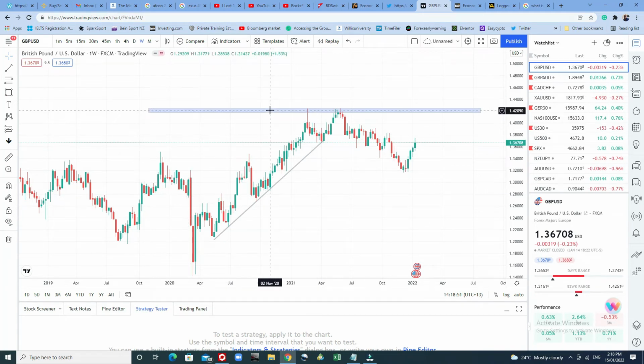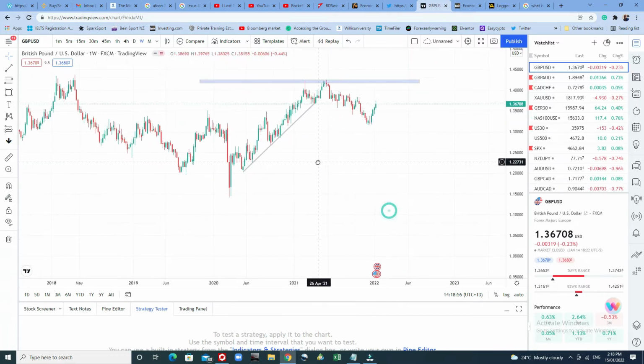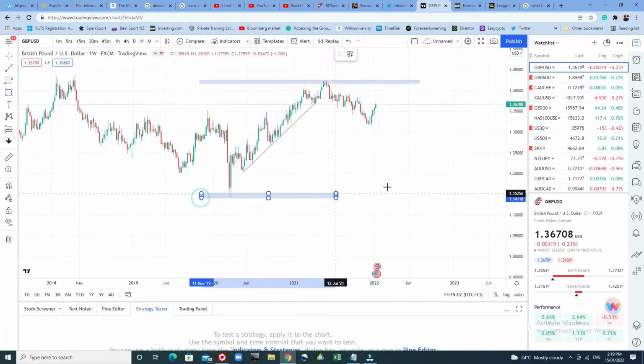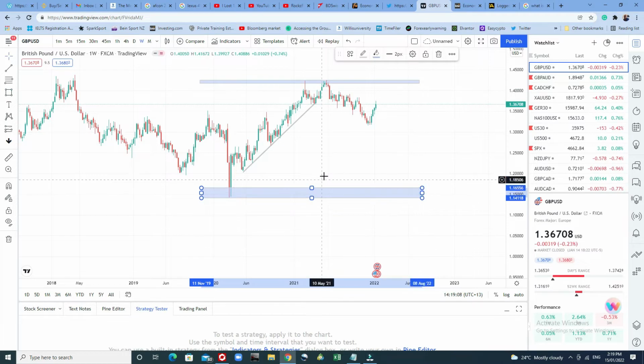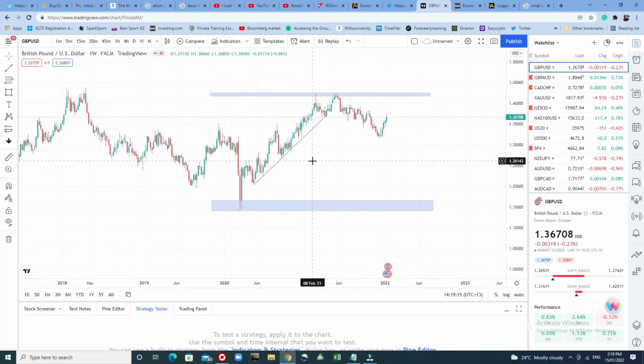The one on top is resistance, while the one under is called support. Support and resistance, top and bottom. Just remember like that. I'll explain more. I just want to draw it to make it look a little bit explanatory for us to understand what we're talking about.